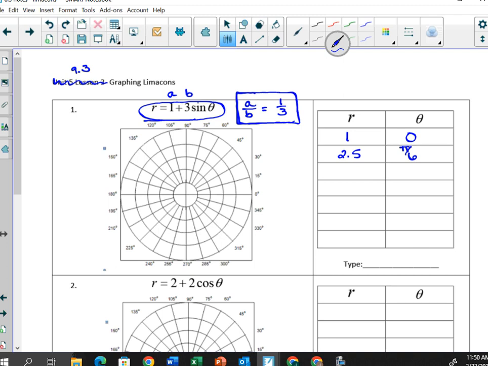So let's keep plotting. Okay, guys, I'm going to pick pi over 2 next. What do I get? 5 pi over 6. Yep, so 2.5 again. What about pi? 1, because sine of pi is 0. 7 pi over 6.